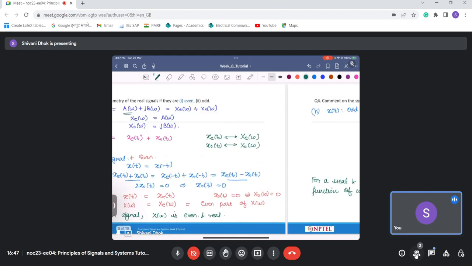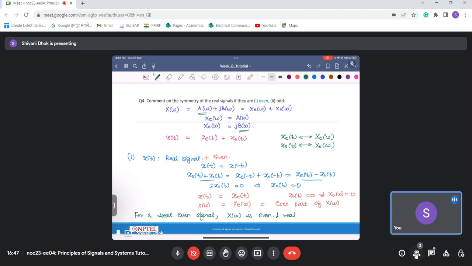This p of omega is simply the imaginary part of x of omega. I hope this part is clear to everyone.